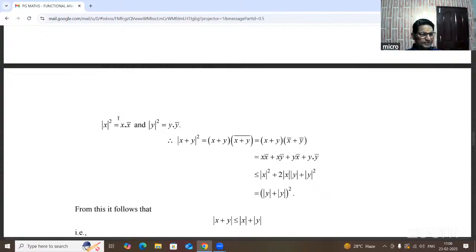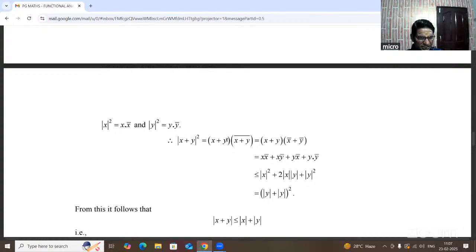This is the basic principle of the complex number system. Therefore, mod x plus y whole square equals x plus y into the conjugate of x plus y. Replacing x plus y by z, this is mod z square.